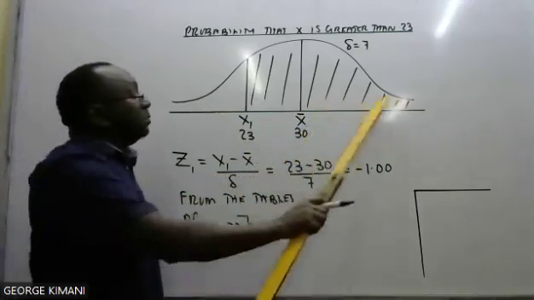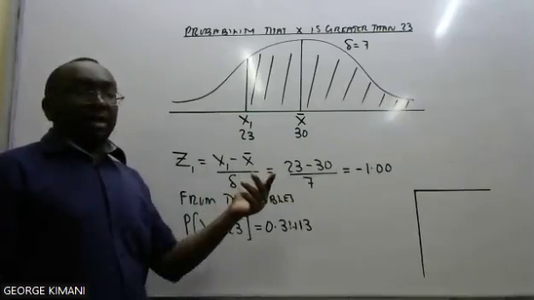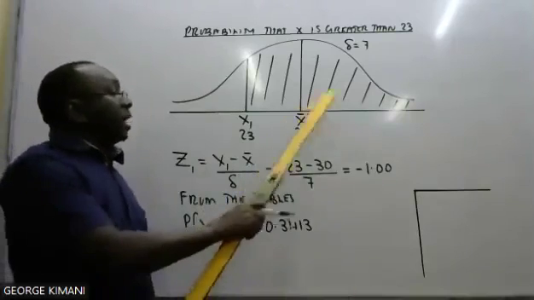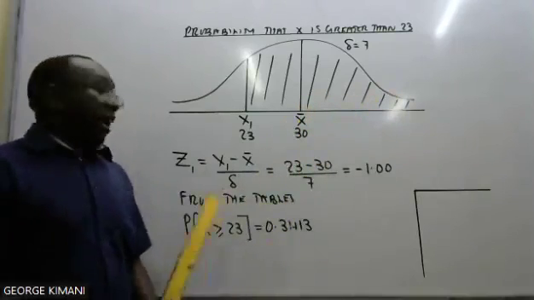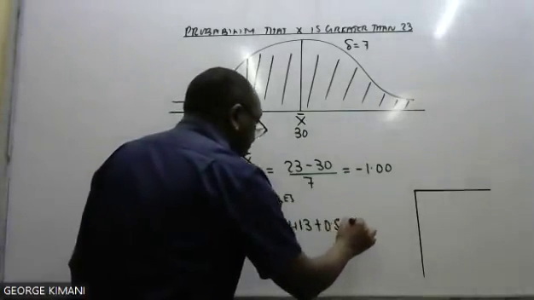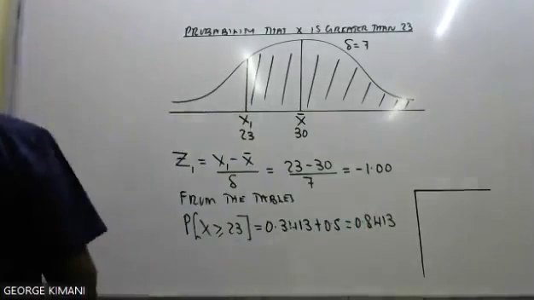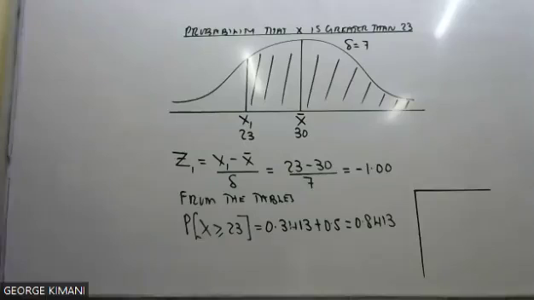So the whole of these other space, we don't have it, but we still require it. But you know, from here we have drawn the general one, from here to the end is 0.5. So you simply add 0.5 and that gives you 0.8413.